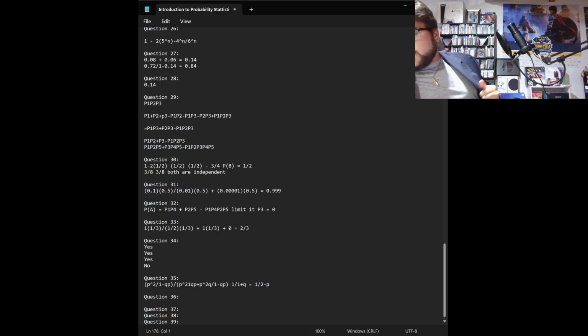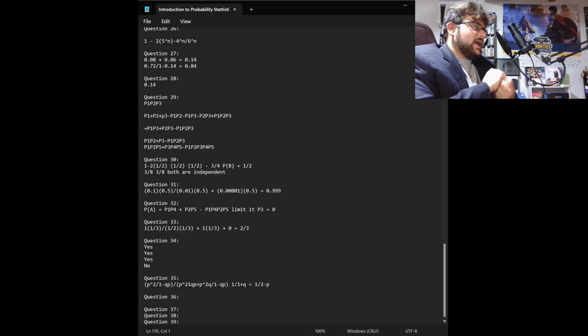And you just have to do this. Let me read it. A box contains 2 coins, a regular coin and a fake two-headed coin. Oh, the fake coin. Choose a coin at random and toss it n times. If the first n tosses result in heads, what is the probability the n plus 1th coin toss is also heads?